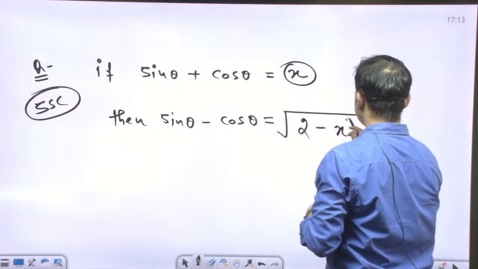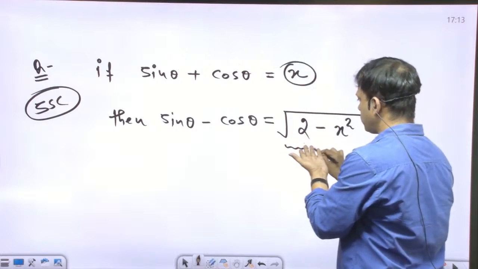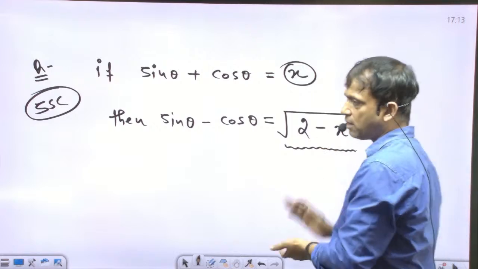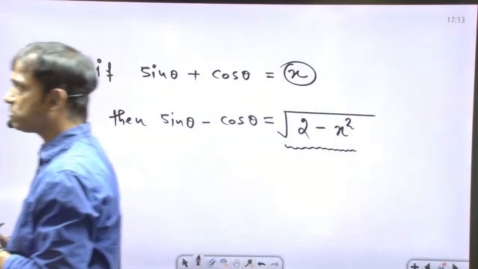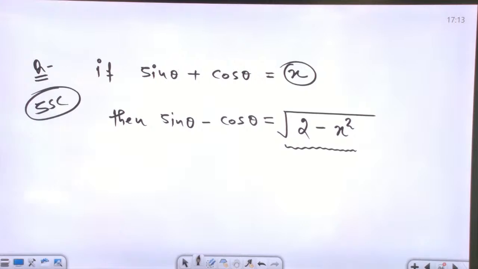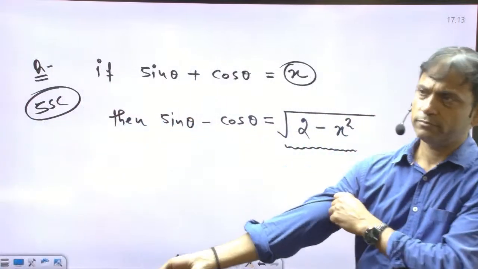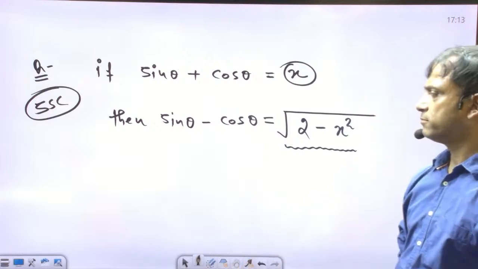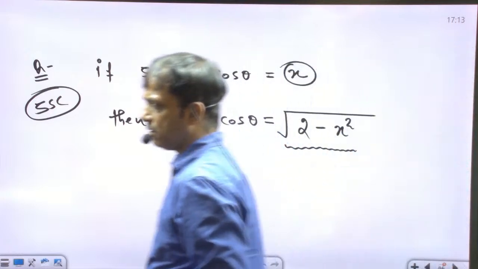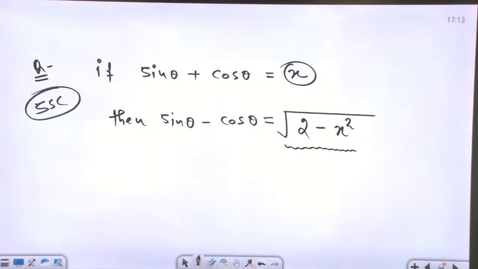So 2 minus x square will be your answer. Under root 2 minus x square. Any kind of confusion in this question?